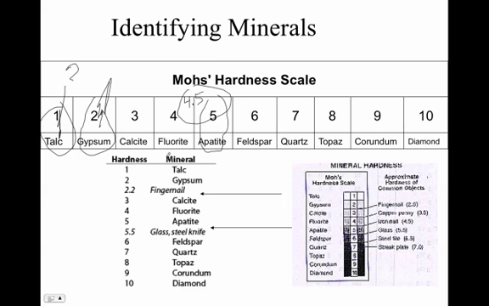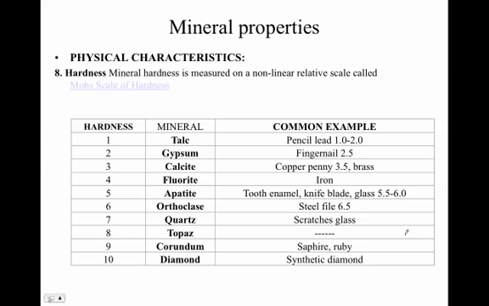Sometimes we don't have a hardness kit with the prescribed minerals on it, and so sometimes we have to use everyday objects, like our fingernail is about a 2.2, a copper penny is about a 3.5, an iron nail about a 4.5, glass 5.5, steel file 6.5, and so we might have to use those everyday items to come up with the hardness.